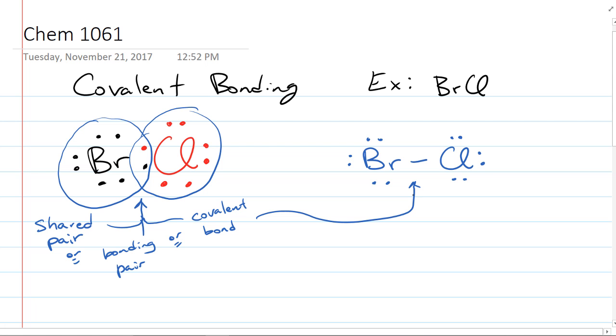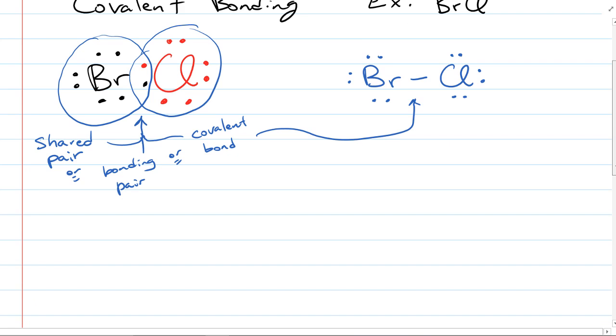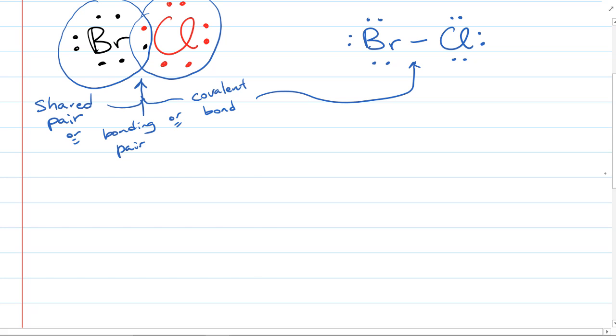So from this point forward, when you're asked to write out a Lewis diagram for compounds that have covalent bonds, shared pairs of electrons are always written in there with a dash between the atoms. Now, if we went to something like H2O, if we wanted to write a Lewis diagram for this, we'd start by looking at where they're located in the periodic table.